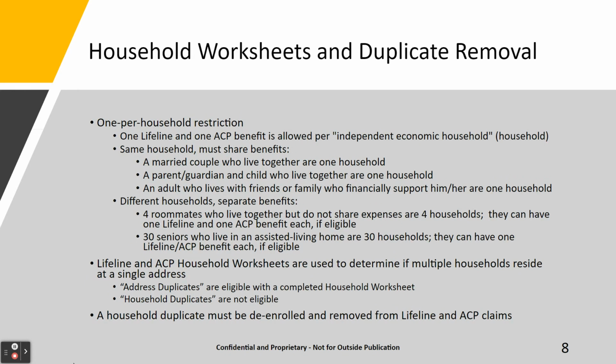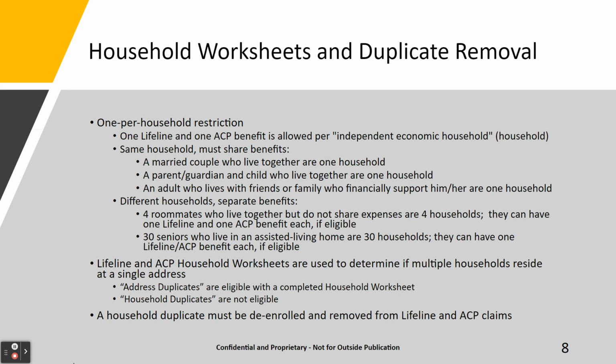We and other Lifeline and ACP providers rely on the National Verifier, NLAD, and TPA to screen for duplicates, but it is important that we at AMBT conduct duplicate screenings as well. Waste, fraud, and abuse are best combated with multiple layers of review.